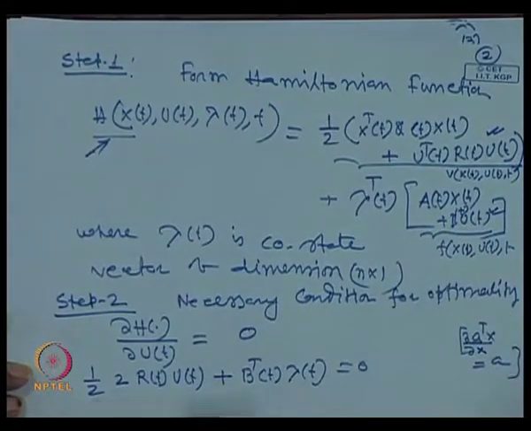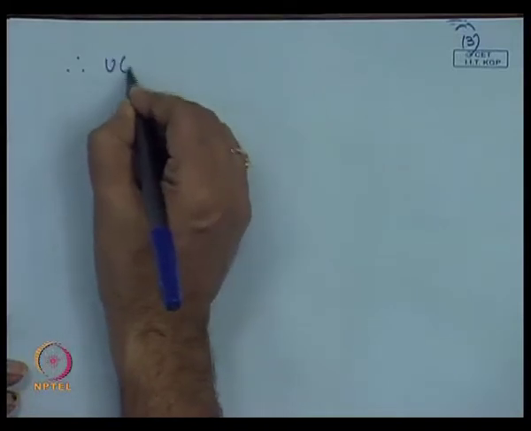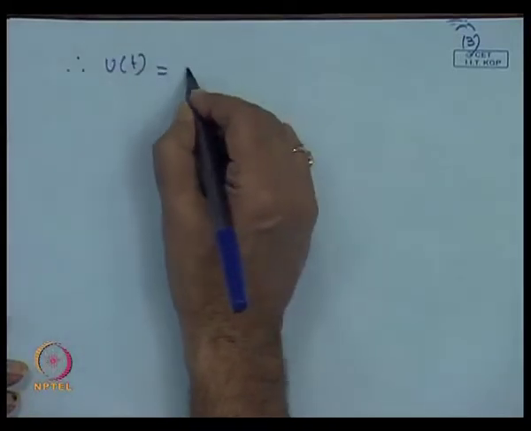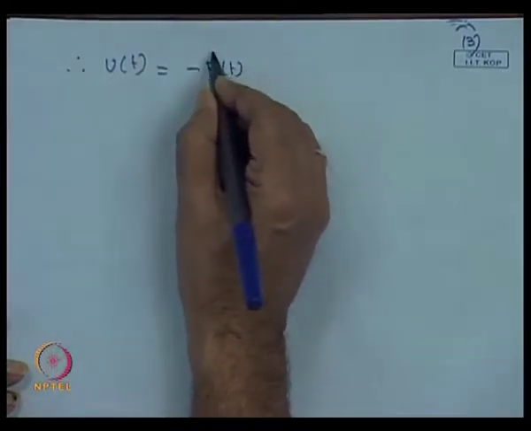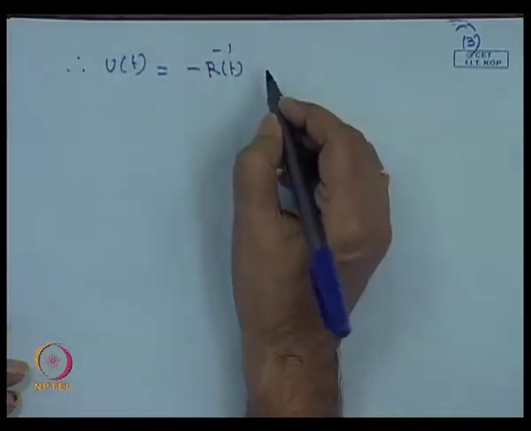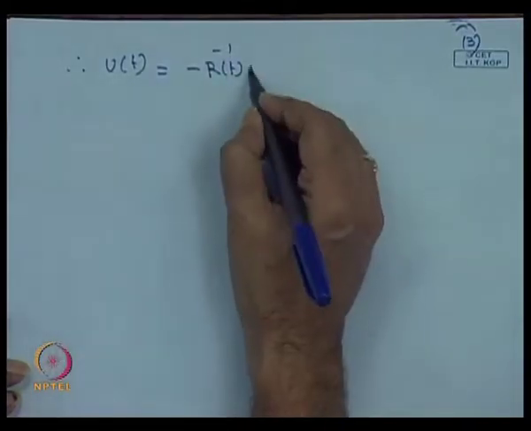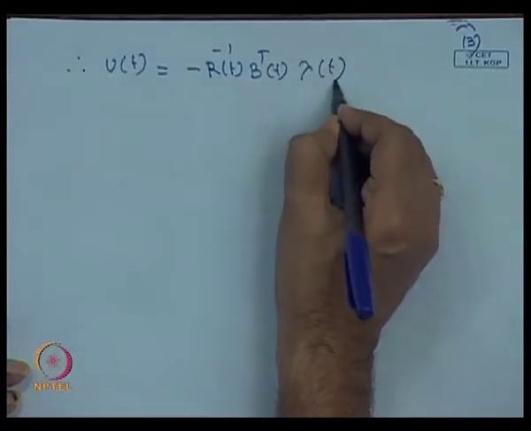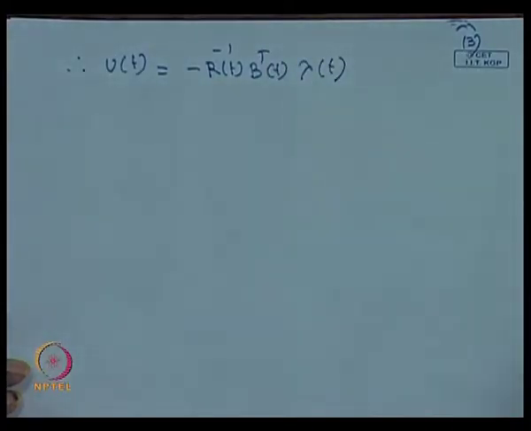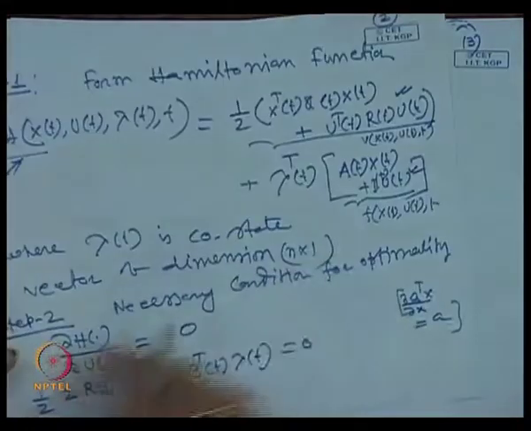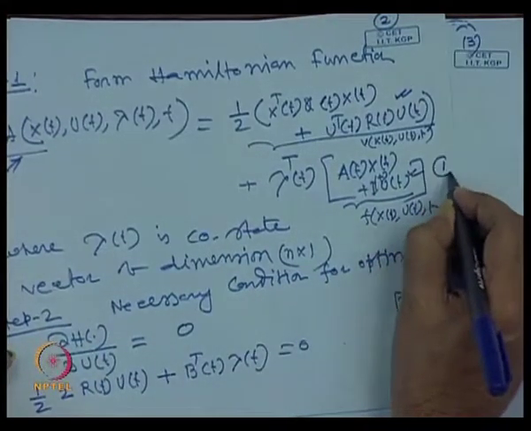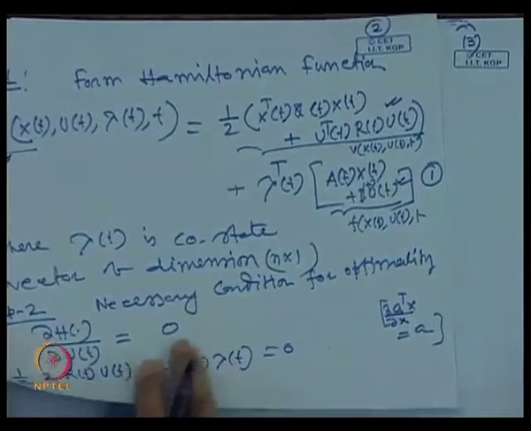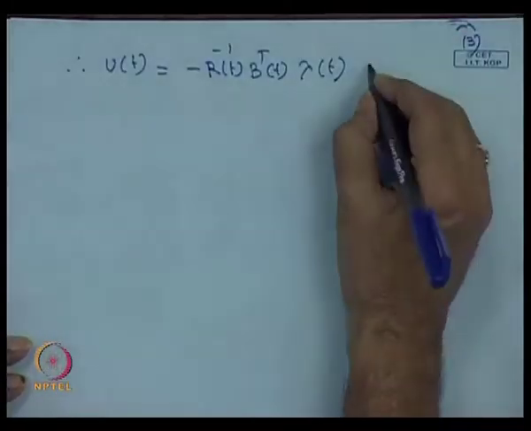So, from there we are getting u(t), our control input, is equal to minus R inverse B transpose(t) lambda(t). Let us call our Hamiltonian equation number 1, and this is equation number 2.